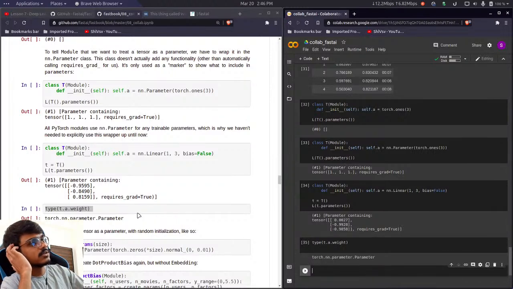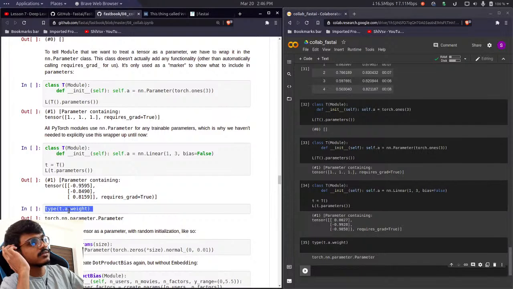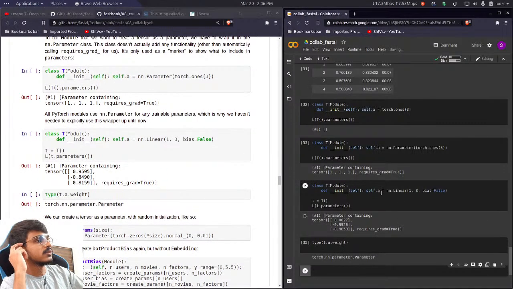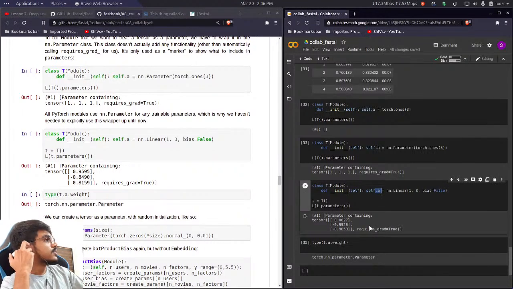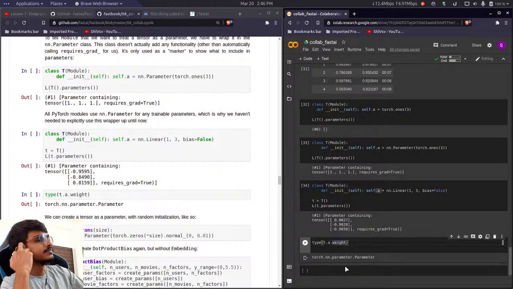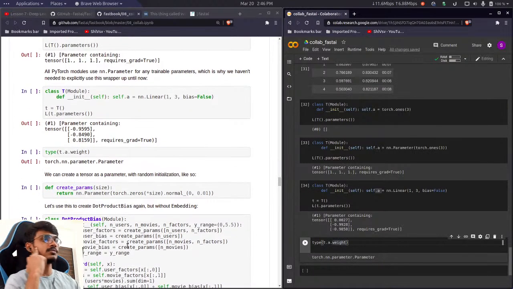What is inside a again? T.a. What is a then? Okay, now this one. a. 2.T.a.weight as a parameter. Okay.